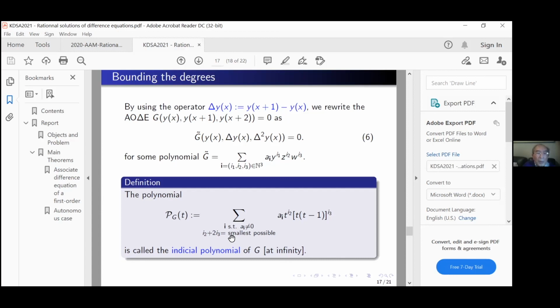Can I2 and I3, one of them, be zero? So it will not be homogeneous if that's the case, right? Oh no, it's still homogeneous. Sorry about that.